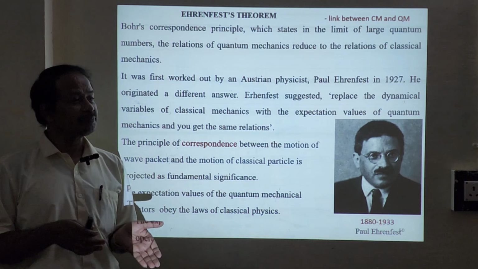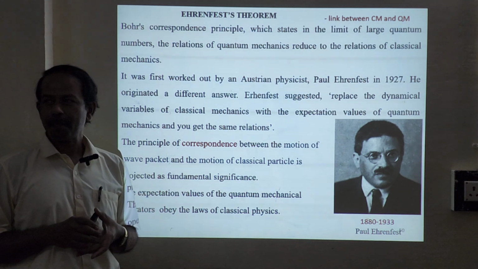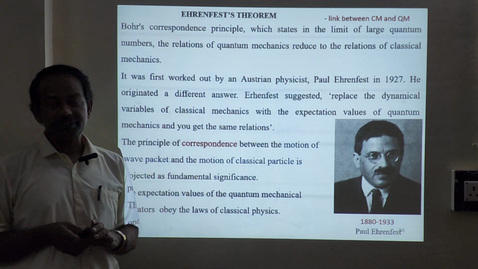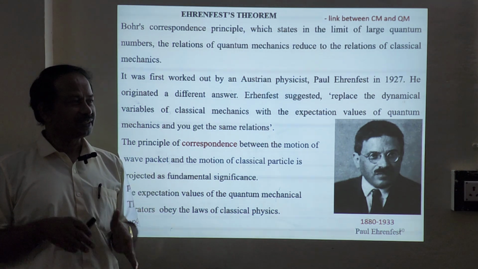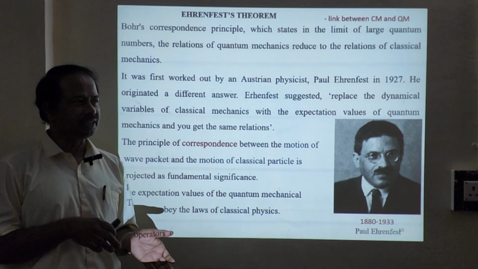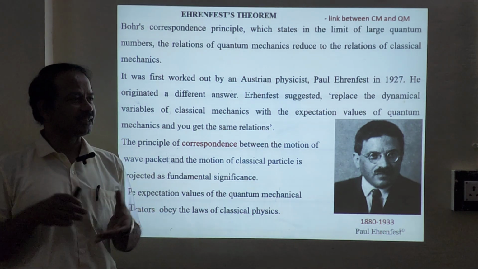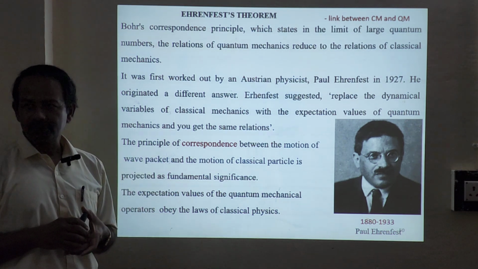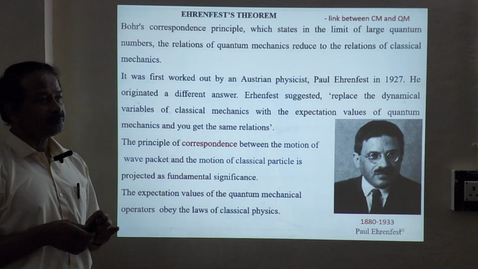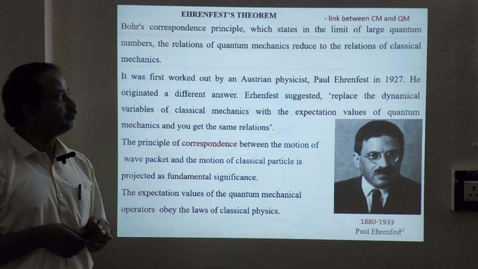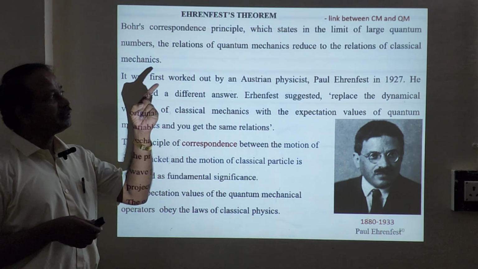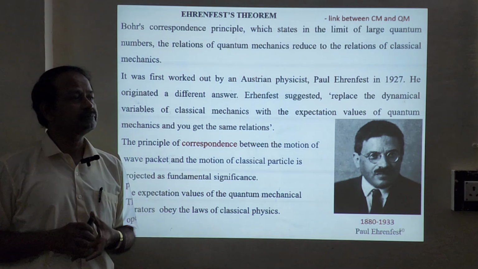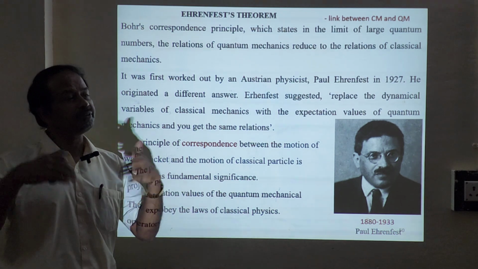Similarly, in the general theory of relativity, for weak fields, we can get the results of Newtonian mechanics. So it works in several disciplines. The correspondence principle is mainly based on the limit of large quantum numbers, so the total number of particles should be very big.